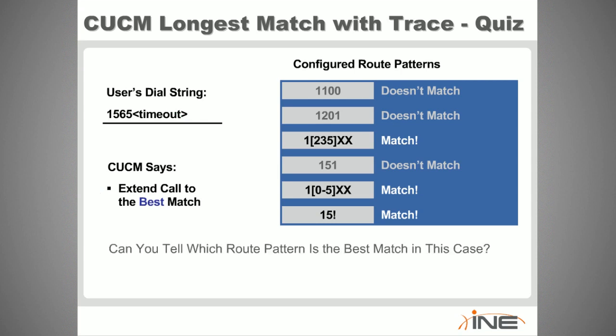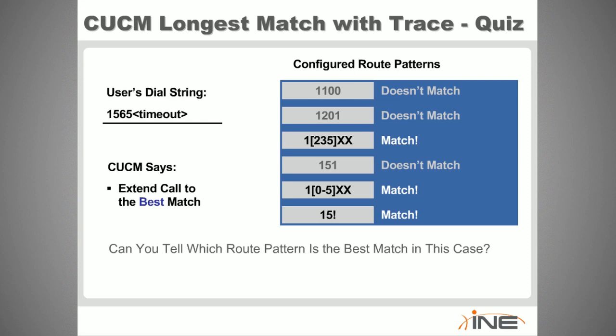So now CUCM says extend the call to the best match. My question to you is, which route pattern of these three that currently match, which one is the best?